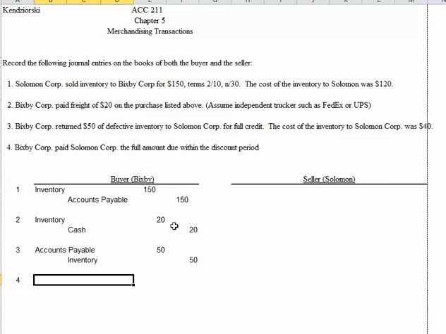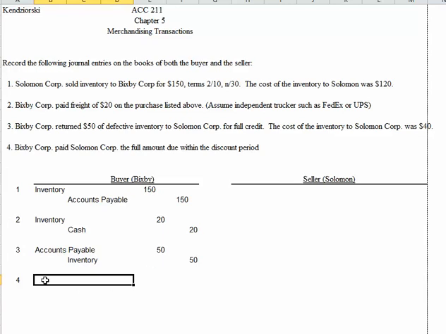Remember that $20 of freight has already been paid, and it was paid to an independent trucker, so Solomon is not really involved. We owe Solomon a total of $100 after the return, and that's the amount that we're going to take our discount on. So we get a 2% discount off of the $100 that we owe to Solomon. 2% of 100 would be a $2 discount, which means we only have to pay $98.